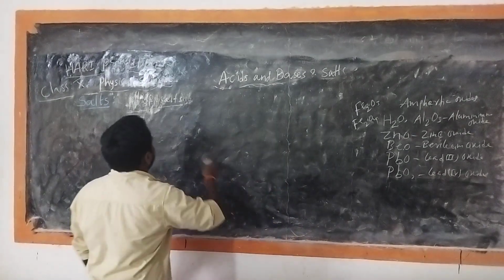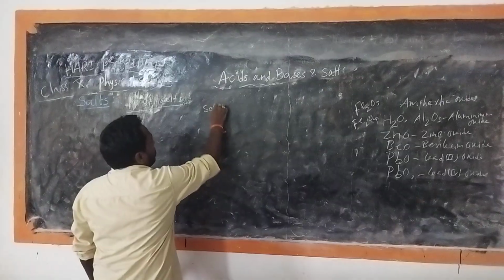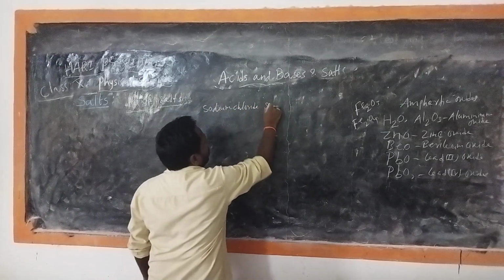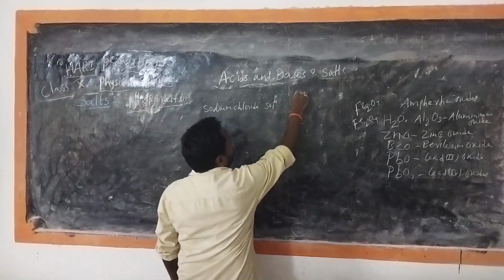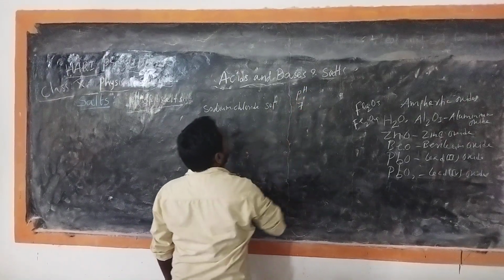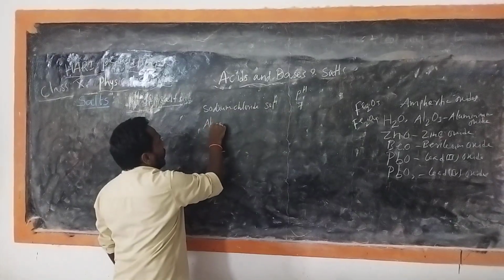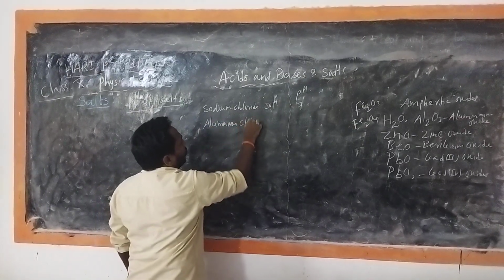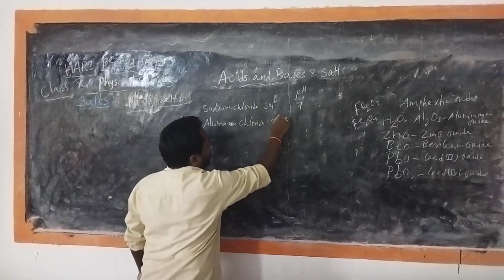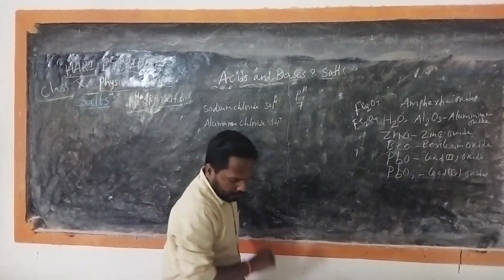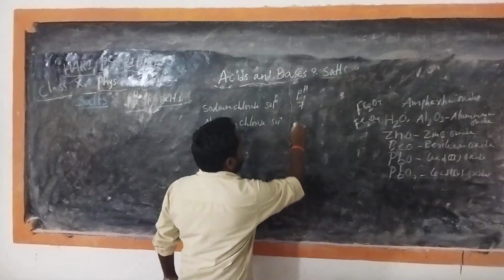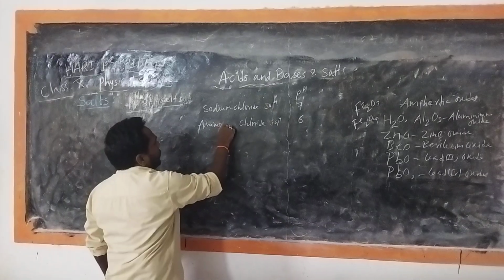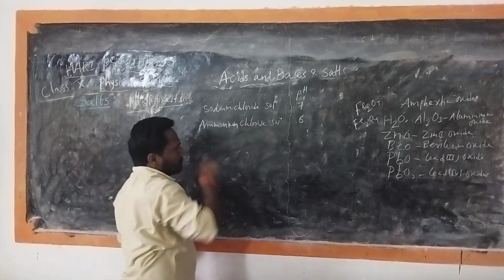For a salt solution, for example, sodium chloride solution, the pH is 7, whereas ammonium chloride solution has pH 6.